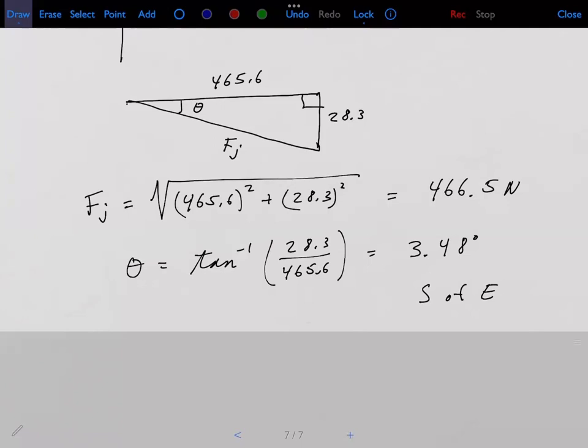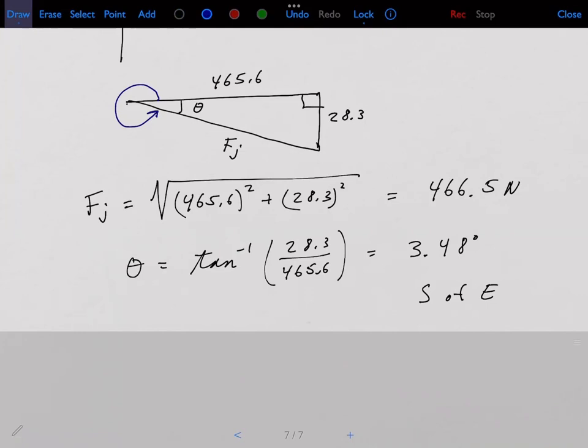Or if you wanted to, you could give the angle that goes from the positive x counterclockwise to that vector, but then you would just subtract it from 360 degrees. So it'd be 356.52 or something. But you can say 3.48 degrees as long as you say south of east, so you know that it's in that quadrant.